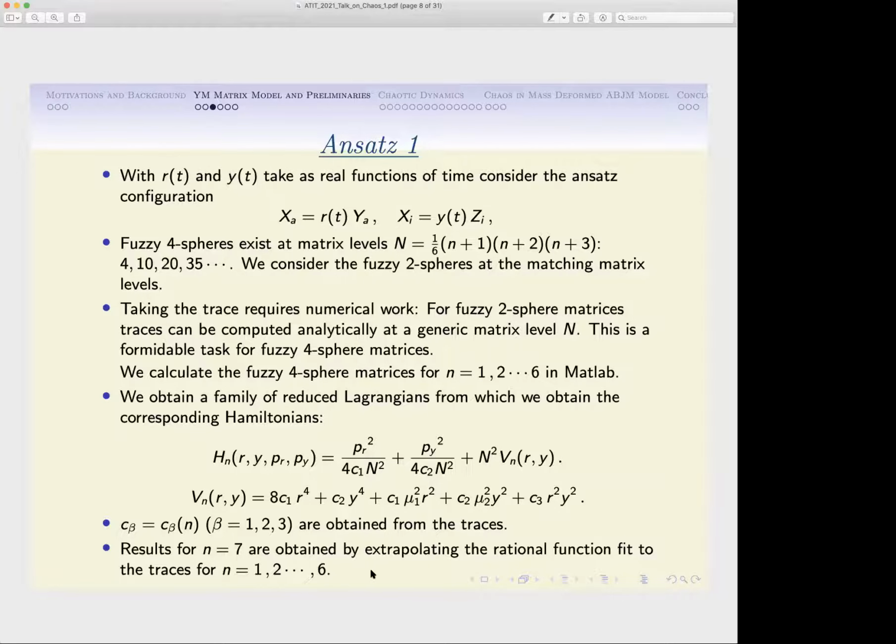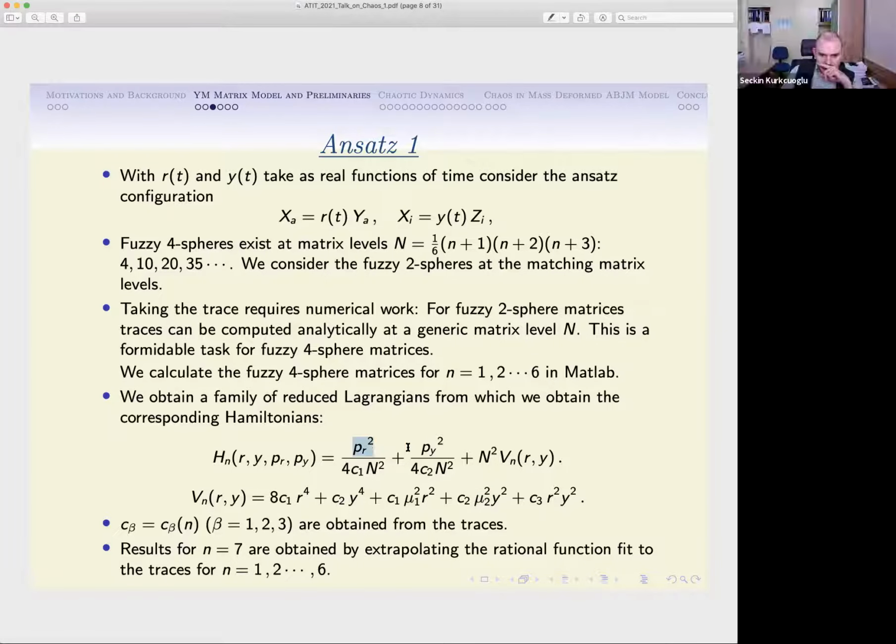Here, C1 and C2 are like mass, right? Because it's the Hamiltonian, it's like P squared over mass. These are just dimensionless coefficients. The masses are here. But in the formula above, aren't P_R and P_Y momenta? These are the conjugate momenta.